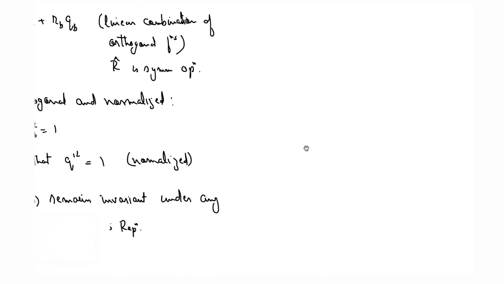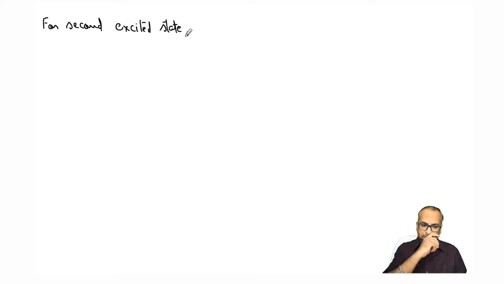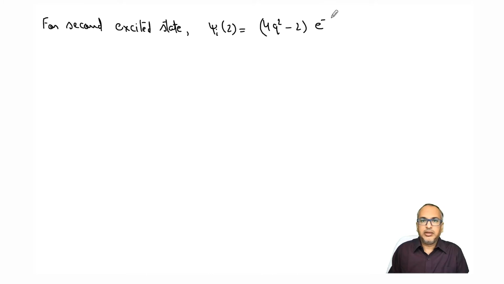So now let's look at what happens to the second excited state. Let's calculate for the second excited state. Psi 2 has 4q square minus 2. This is coming from the Hermite polynomial, and the exponential component is e to the minus alpha q square by 2.